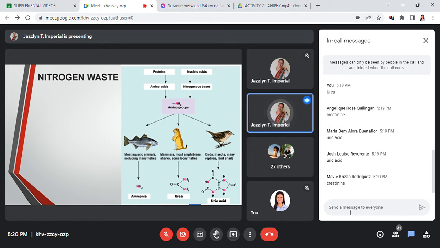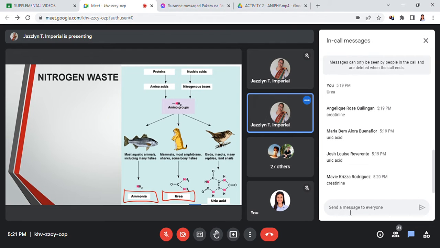So si fishes nyo, ang kanyang nitrogenous waste ay talagang ammonia. Mammals, some amphibians, most amphibians pala, sharks and some bony fishes, the nitrogenous waste, of course, still coming from the amino group, is urea.